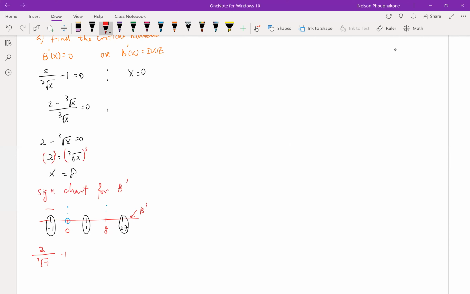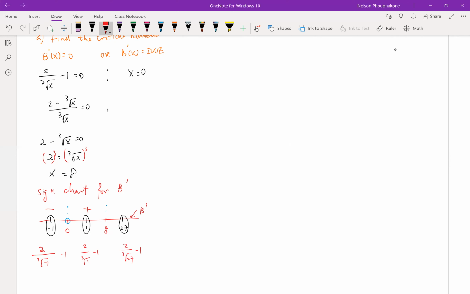So here the whole interval is negative. Then now I will have 2 over cube root of 1 minus 1. That is 2 minus 1, which is positive. And then the last one is we have 2 over cube root of 27 minus 1.